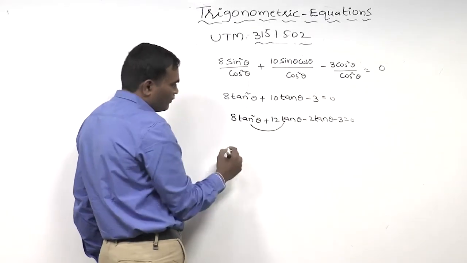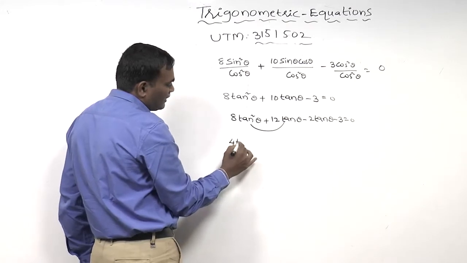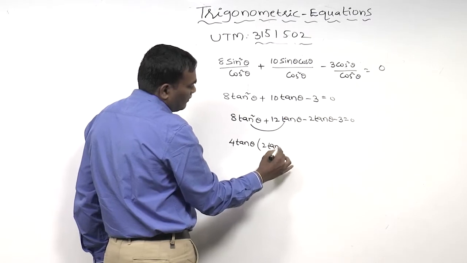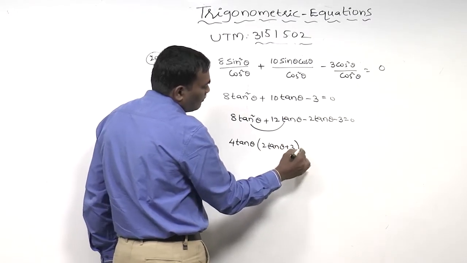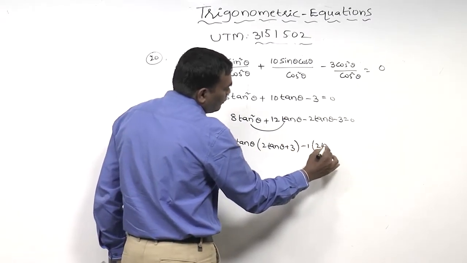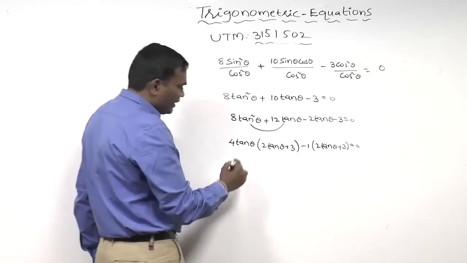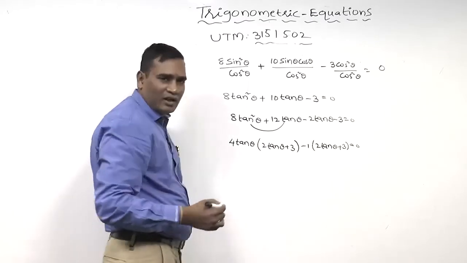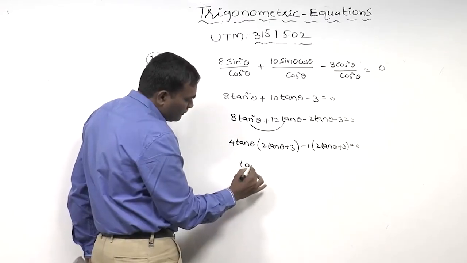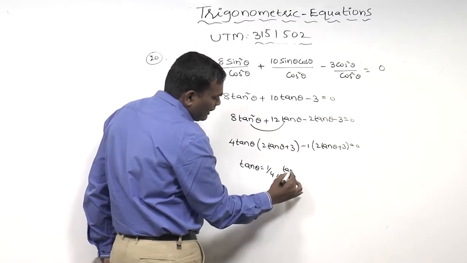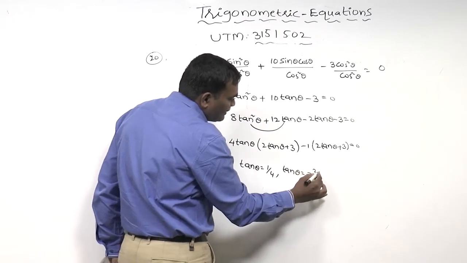In these two we can take 4 tan theta common, that is 2 tan theta plus 3, minus 1 common, 2 tan theta plus 3 is equal to 0. Here tan theta is equal to 1 by 4 and another value is tan theta equal to minus 3 by 2.